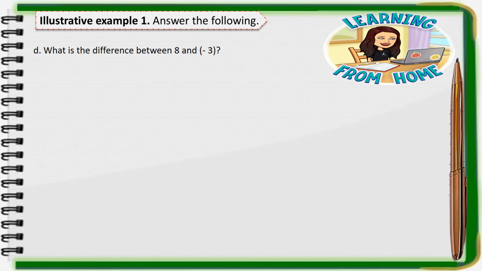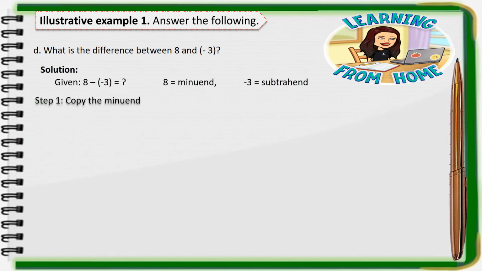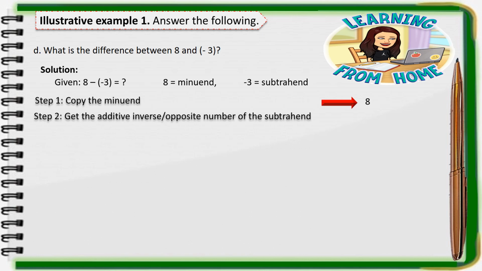Fourth example, what is the difference between 8 and negative 3? So, tulad ng mga nauna nating example, susundin lang natin ang mga steps. Una, get the minuend. So, kopyahin natin, we have 8. Susunod, kunin ang additive inverse ng subtrahend.